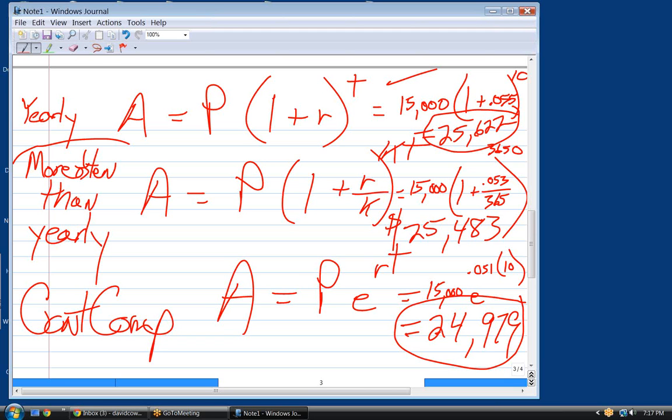Most pre-calc classes don't get to that. So we can use these three to solve this problem. We don't have to look at loan value. Loan value is really complicated. I'd have to actually open my book and find out what that formula is. All right, what else you got?